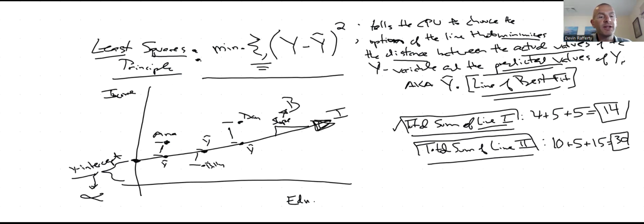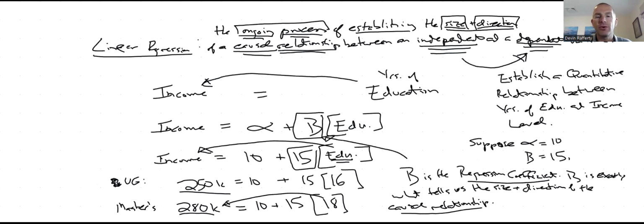That line has an alpha and a beta: a y-intercept and a slope. The slope is beta. Beta is the regression coefficient, and the regression coefficient is what tells us the size and the direction of the relationship between the independent and the dependent variables. Okay.